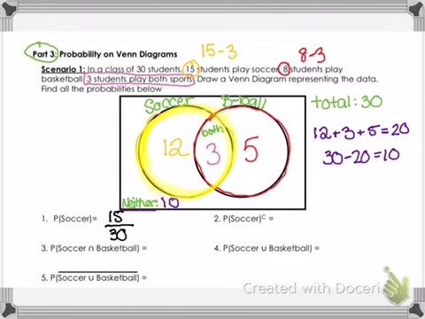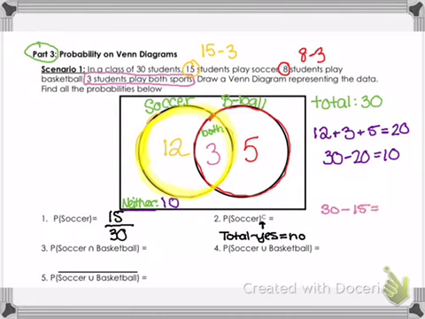All right, next we've got P, again, that stands for probability, soccer, but then we've got this little C. That little C right there stands for not. So this is the probability that they're not in soccer. So remember what I said a few slides ago. To figure out the not, you take the total minus the yes, always gets you the no. So in our case, we're going to do the total, which is 30, minus the yes, which we just found is 15.